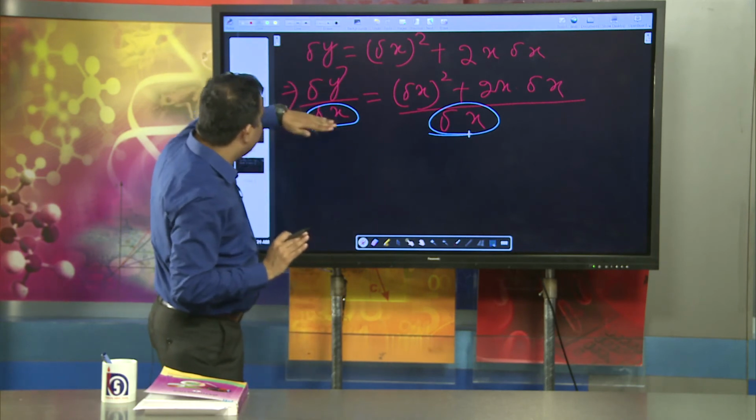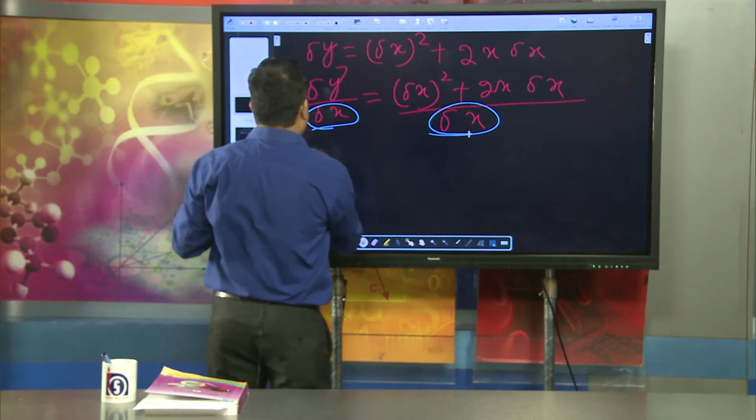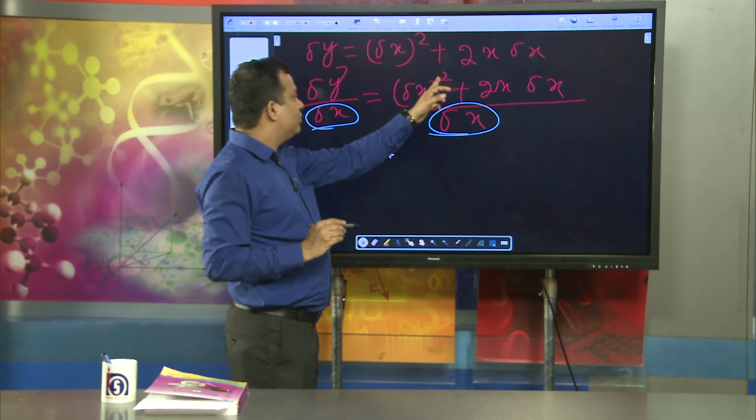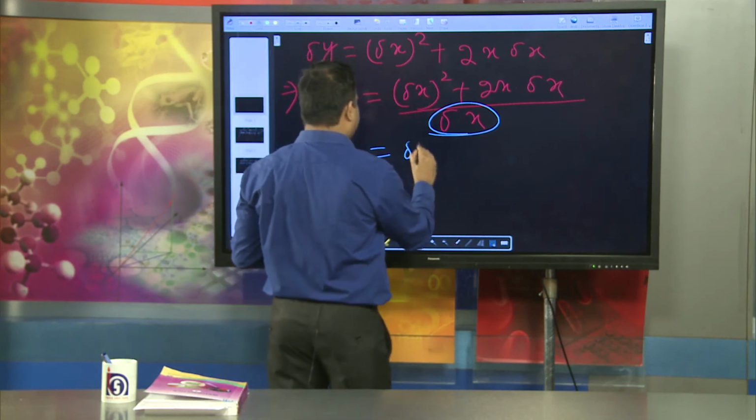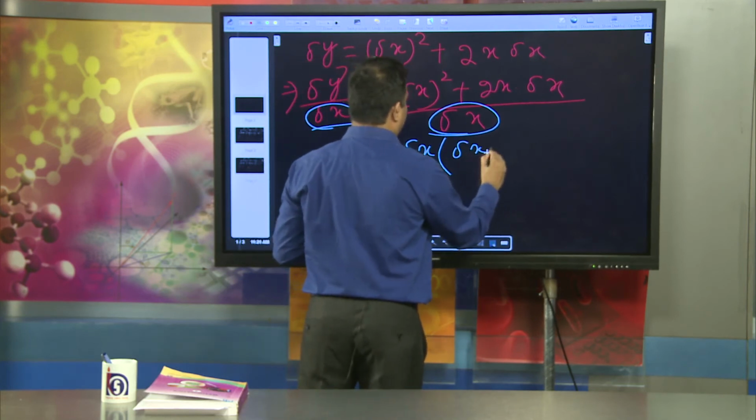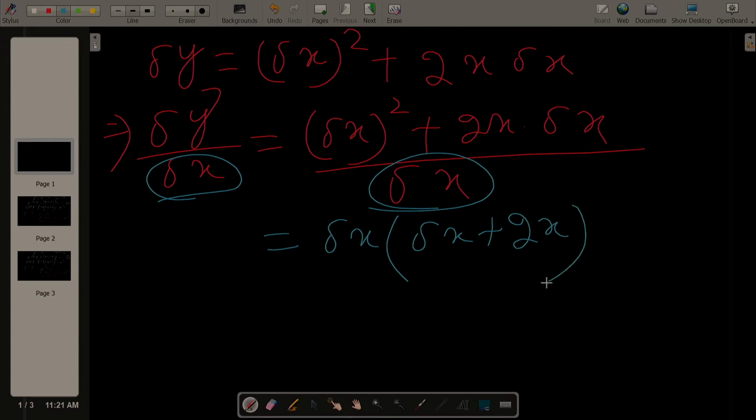So for del y by del x, I can take del x common from del x whole square plus 2x del x, and you will find del x plus 2x, all divided by del x. Now numerator and denominator both have del x, so I can cancel them, and you will get del x plus 2x.